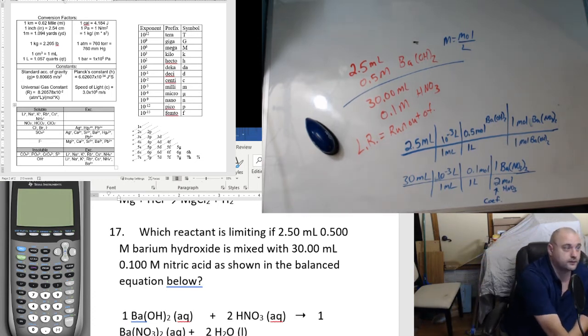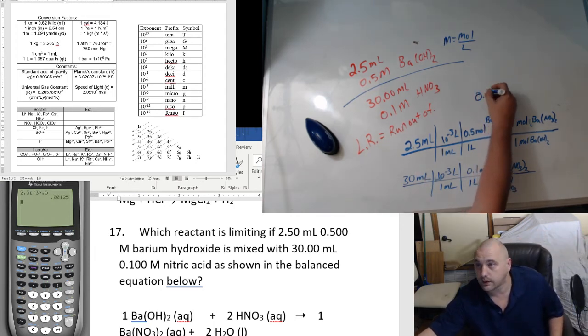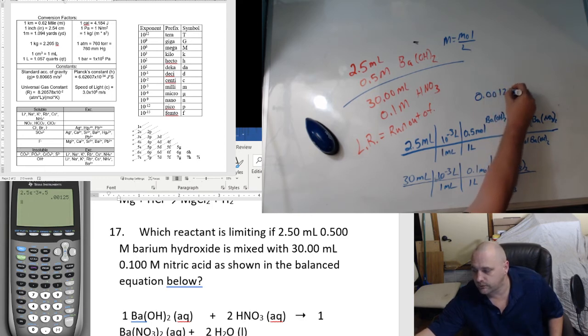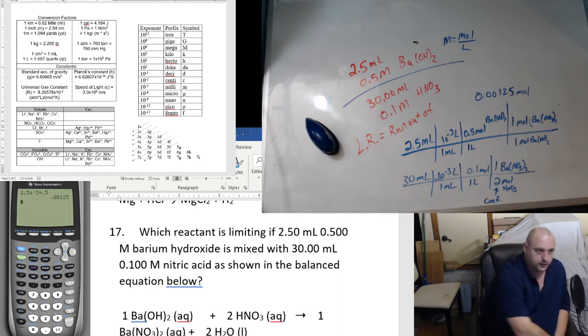So let's go ahead and type all this stuff in. All right, so 2.5, times 10 to the minus 3, times 0.5. That's it. I got 0.00125 moles of my product.